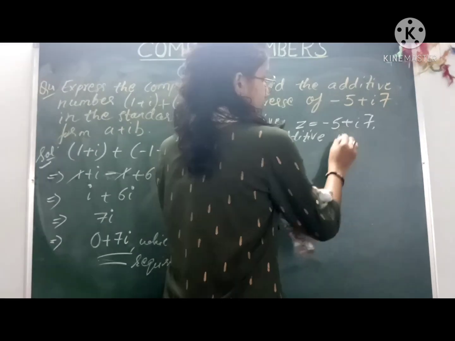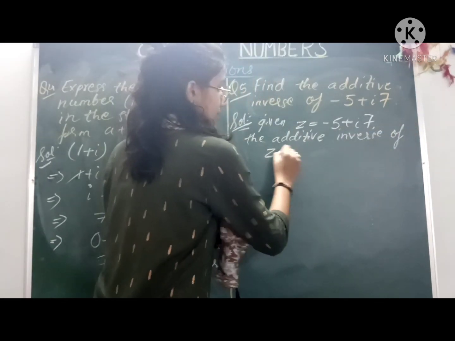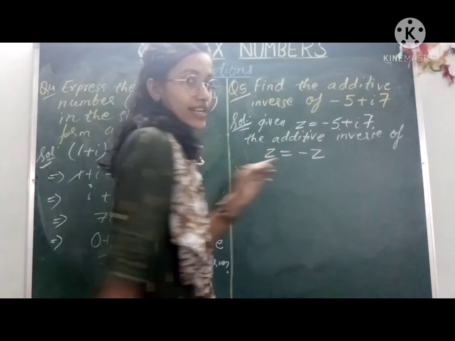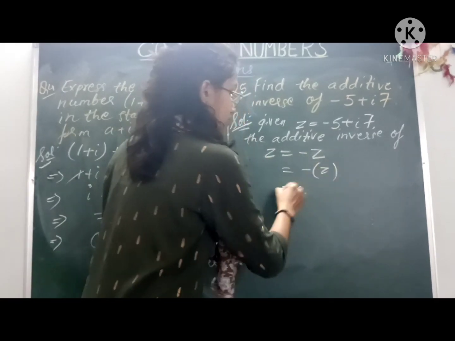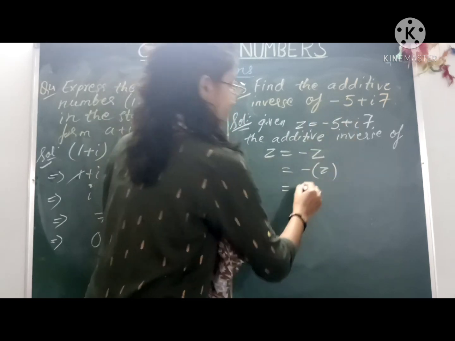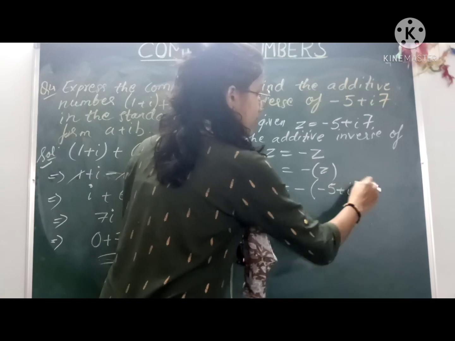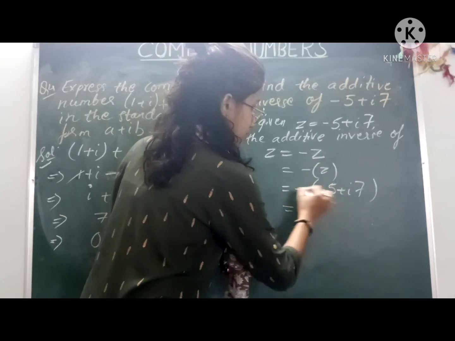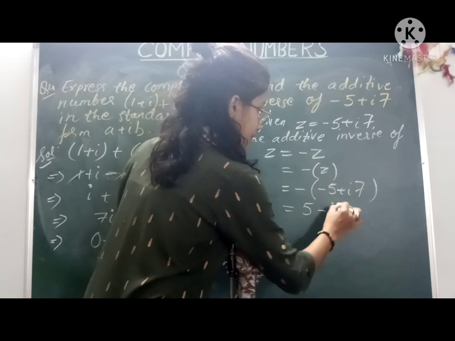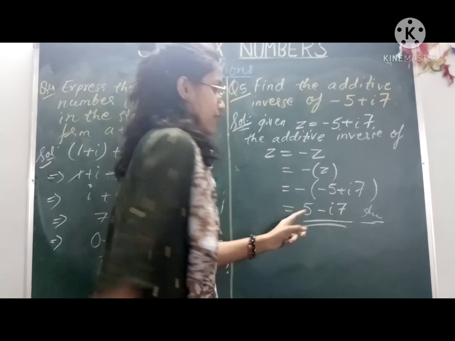The additive inverse of z equals minus z, we will write it like this and like this also. So put the value of z here, minus outside, minus 5 plus 7i, multiply minus inside, minus minus plus, minus plus minus. This is the additive inverse, 5 minus 7i.